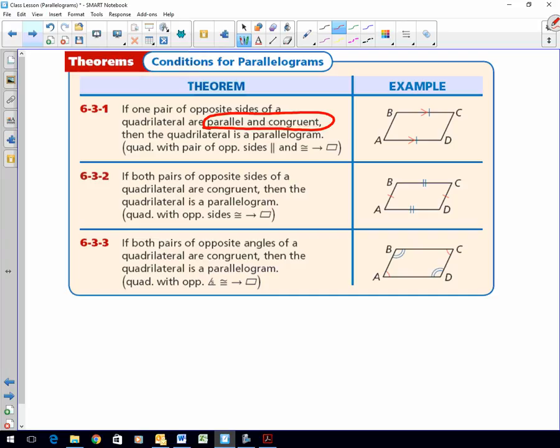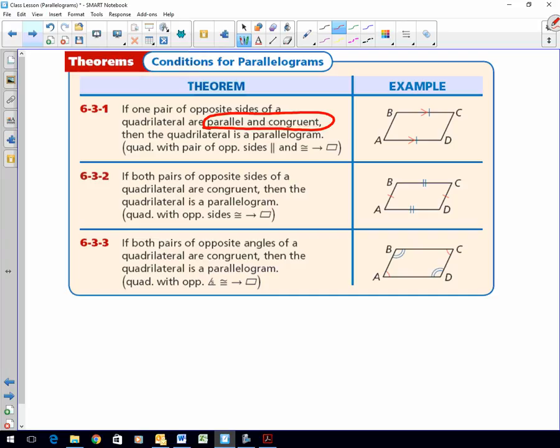I can find out that one pair, that means just one set of sides, right? In this case, I don't even know anything about BA and CD, forget it, don't need to know it right now. If I find out that BC and AD are congruent and parallel, I've got a parallelogram. So one pair is both congruent and parallel.